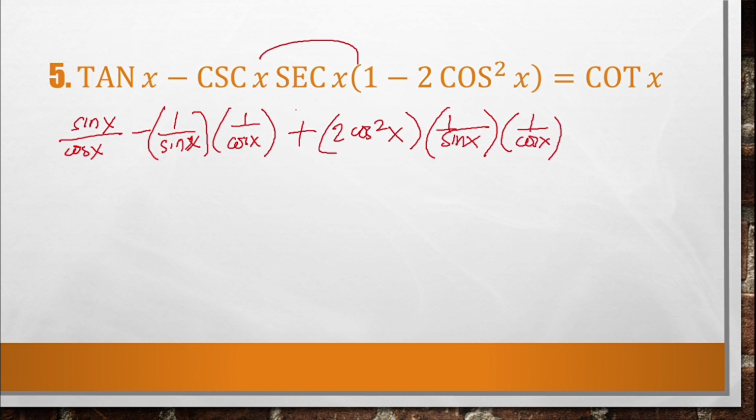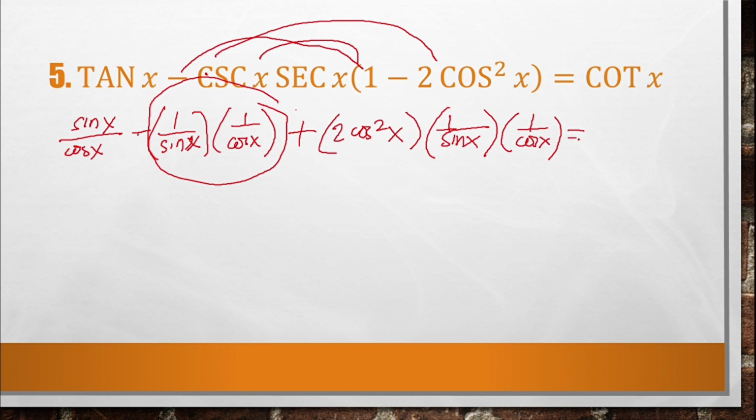I changed it already because this is the value, right? And this is the value when you're going to distribute here. This will become 1 here, this 1, and we are going to distribute here. This is the result, is equal to cot x. So I cancel this part.